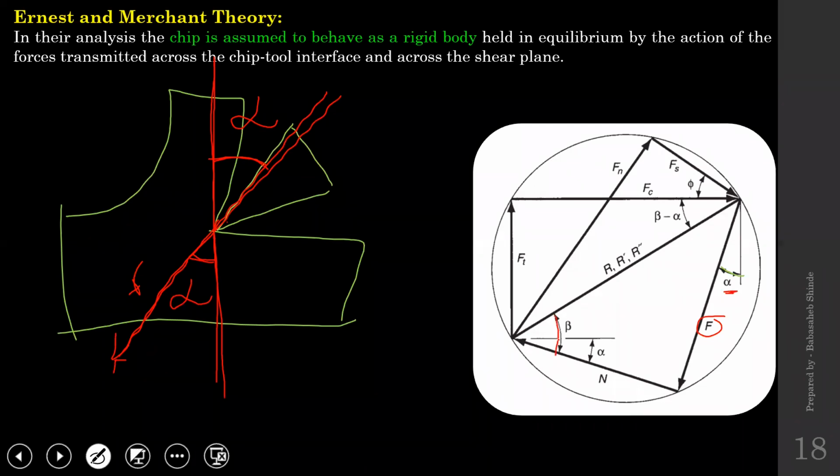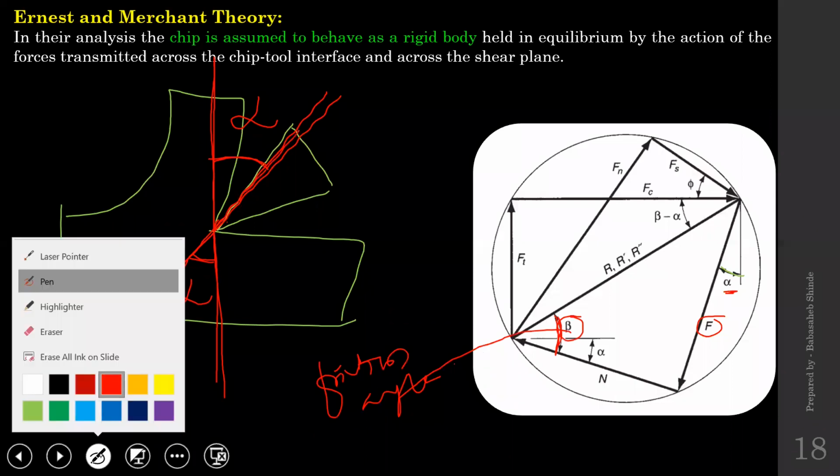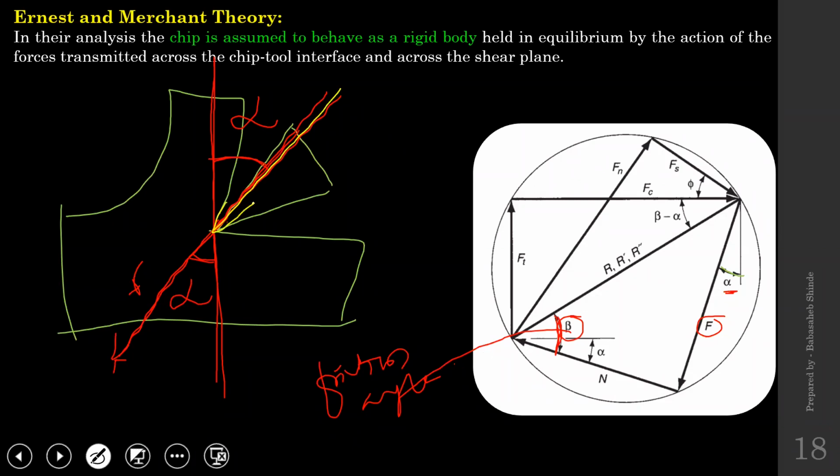Then this total angle beta is called the friction angle. Now how do we get that friction angle? Let me change the ink. So this is a frictional force F. We draw one normal to that frictional force, N. Now if I draw the resultant of those two, suppose this is the resultant of this F and N, this angle is 90.